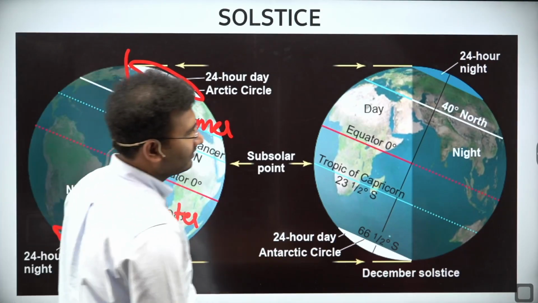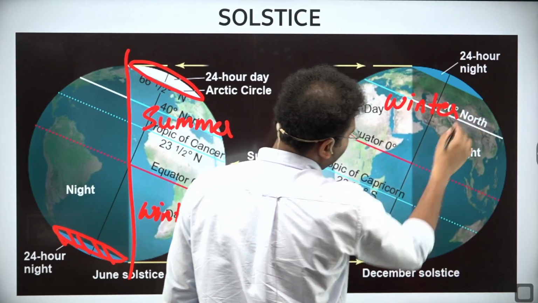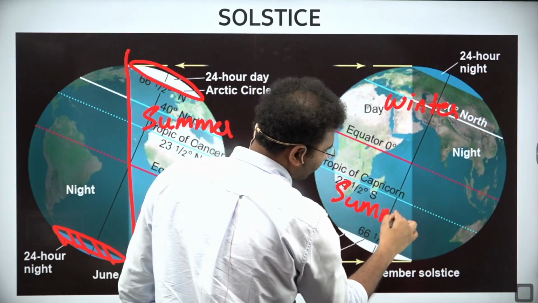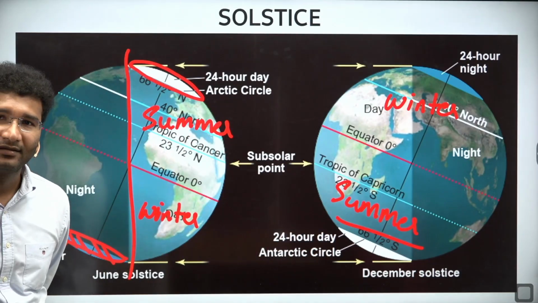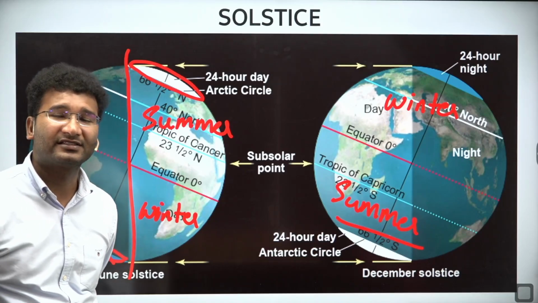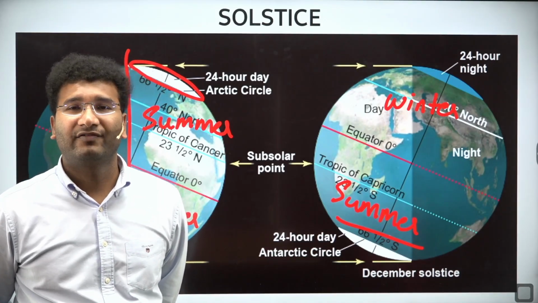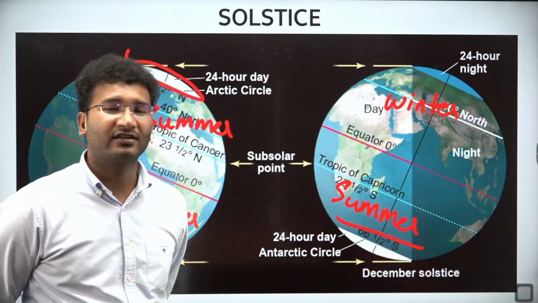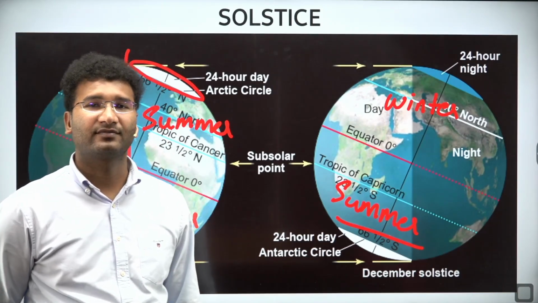But exactly the opposite, this is winter in the month of December, and this is summer, right? That means during the winter season in the northern hemisphere, it will be summer season in the southern hemisphere. If it is summer in the north, it is winter in the south. If it is winter in the north, it will be summer in the south, right?